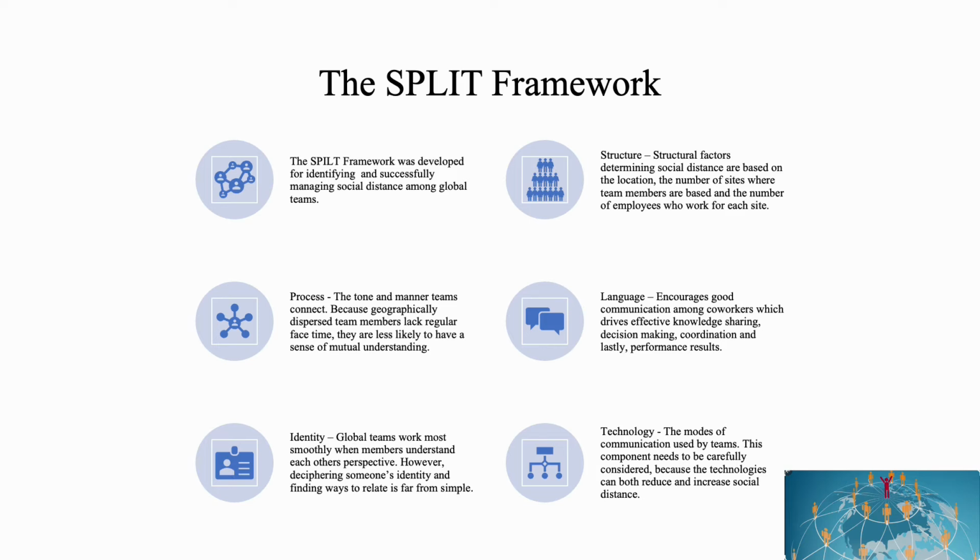Because geographically dispersed teams lack regular face time, they are less likely to have a sense of mutual understanding. Global leaders could combat this by building deliberate moments into the process when they meet virtually. Deliberate moments such as established feedback on routine interactions, unstructured time to lighten the atmosphere, and a time to agree to disagree.